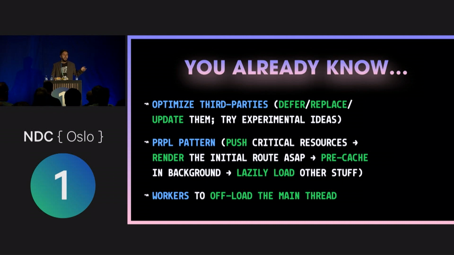React is one example of a library where with each major version the bundle size gets smaller and smaller. There's the PRPL pattern out there that you've probably heard Google speaking a lot about. And if we have really heavy work happening on the main thread, we can offload that to workers.